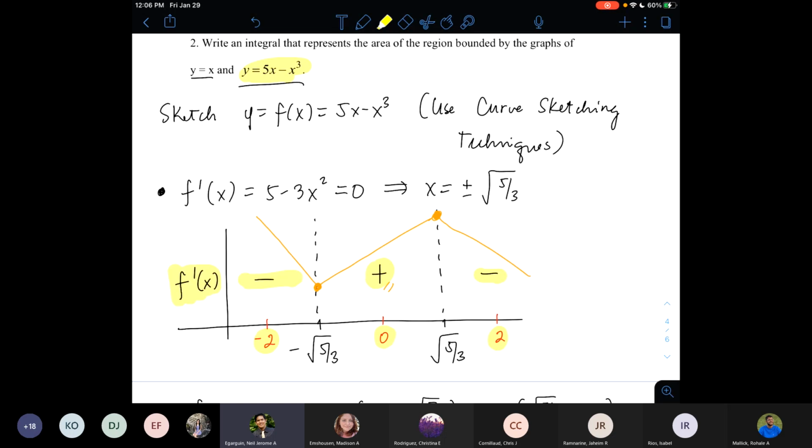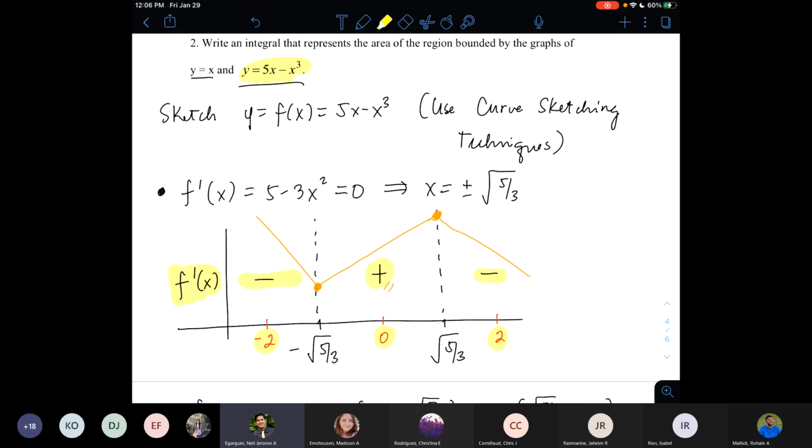It's nothing like y equals x cubed. And remember, I need to have a good idea of how the graph looks like. So that compelled me to use techniques from curve sketching you learned in Calculus 1 in order to sketch the graph, so that I will have a good picture of how this function behaves over the real number line. I guess I solved the first part with you guys, compute for f prime.